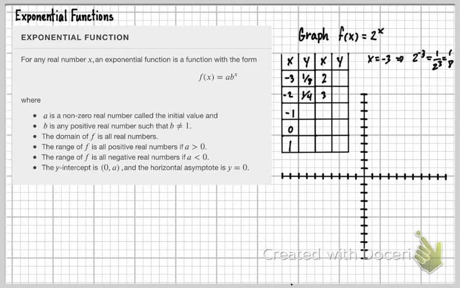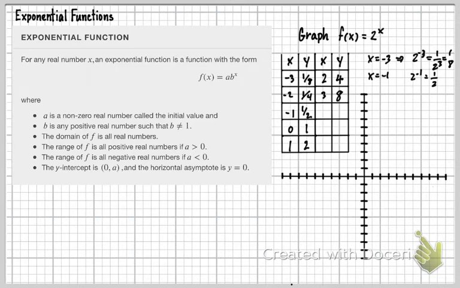And then x equals negative 1. It's going to be 2 to the negative 1, which is 1/2. And then anything to the 0 power is 1. And then 2 to the first is 2. 2 to the second is 4. And 2 to the third is 8. Okay, so that's enough values to kind of get an idea of what's going on here for this graph.